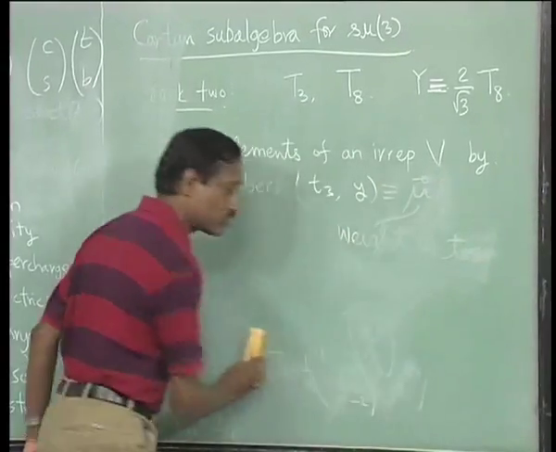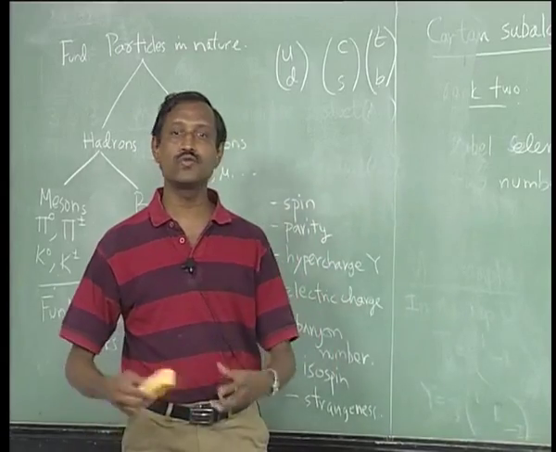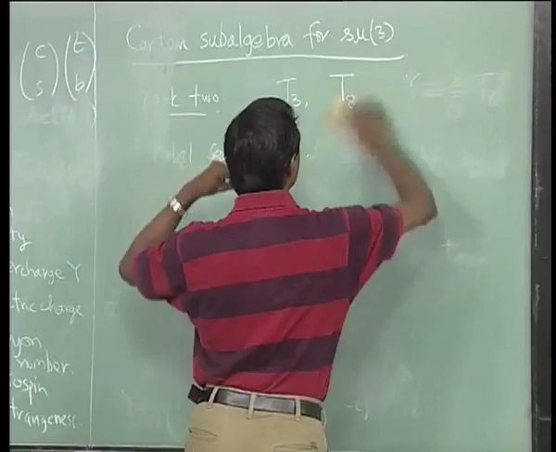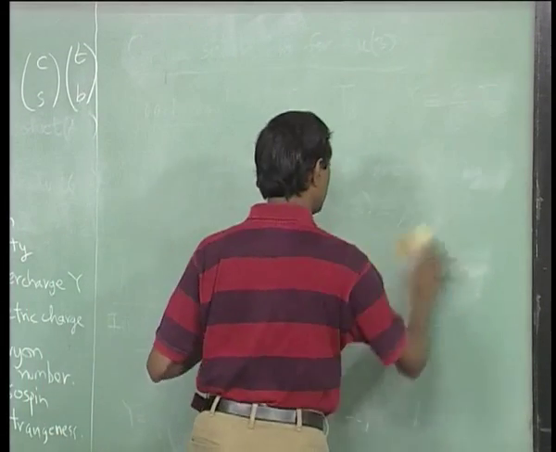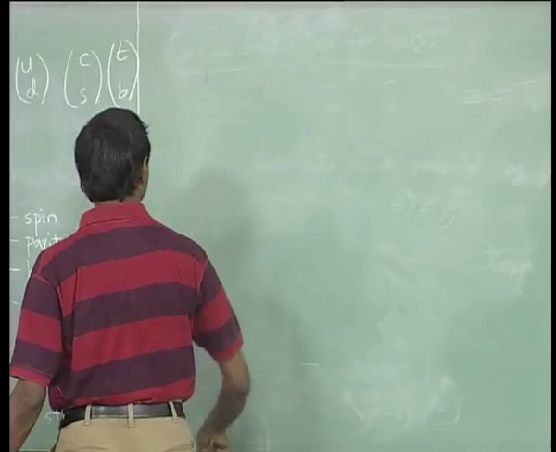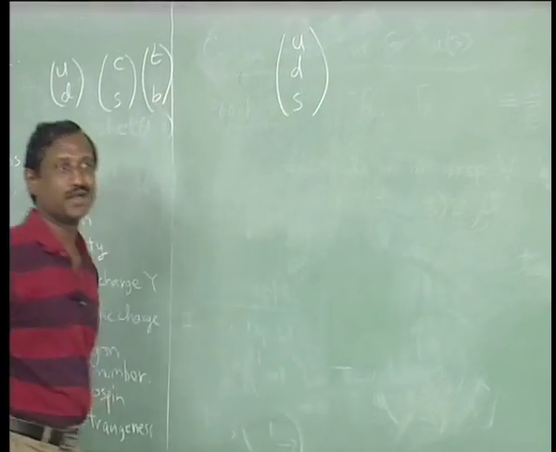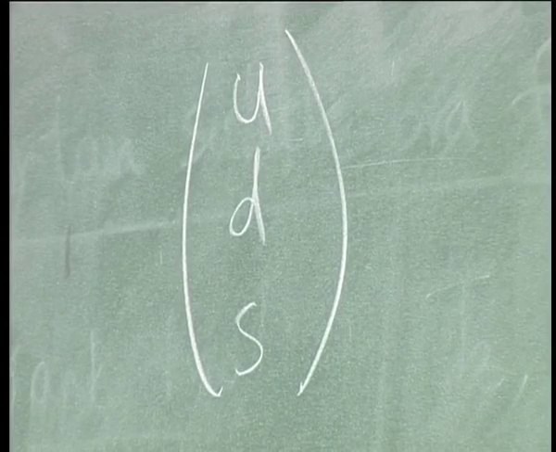So it is an approximate symmetry, but it was a very useful bookkeeping device, and you can fit it into a much more robust thing called the standard model. That is not our concern here, but the great idea was to think of u, d and s as forming a 3 of SU(3) flavor.